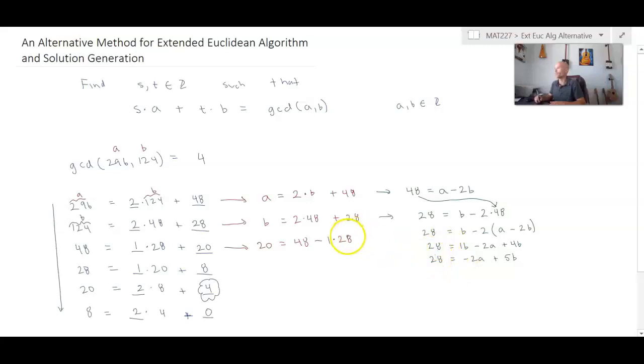First of all, we see that 28 is equal to this line that we just wrote. And also, we note that 48 is equal to the original thing we wrote down. So once again, we just get to substitute out the two quantities, namely the dividend and the divisor both get to be written out in terms of A and B.